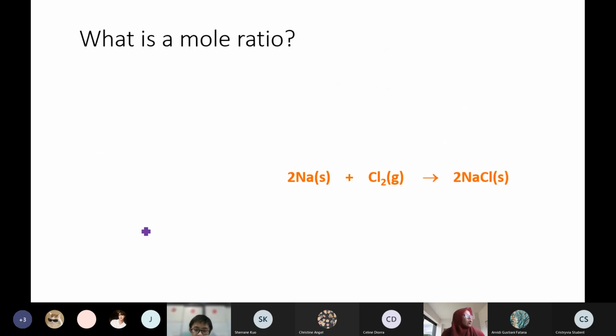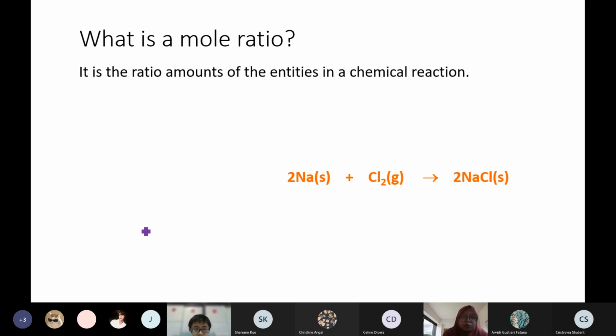What is a mole ratio? The mole ratio shows the amount of entities in a chemical reaction. For example, from this reaction, 2H2 gas reacts with O2 gas to give 2H2O gas. We can see the coefficient in front of each molecule. In front of hydrogen, we have 2.